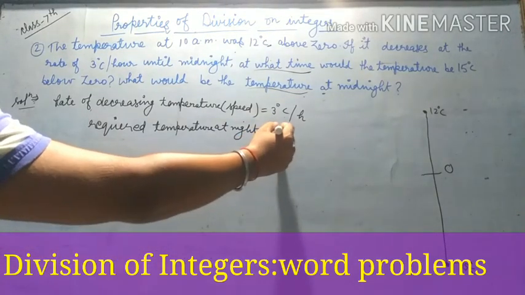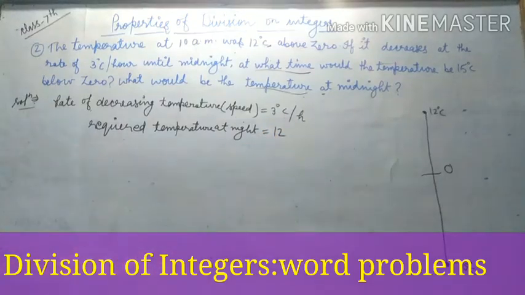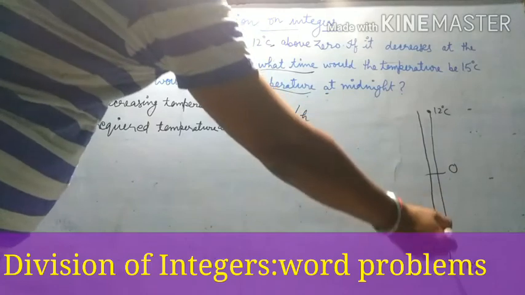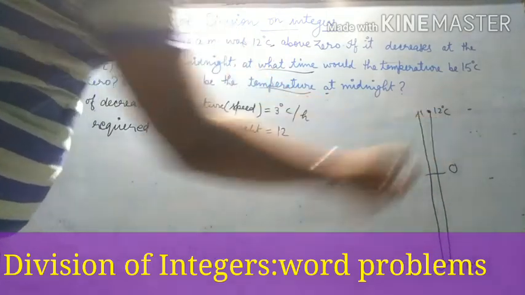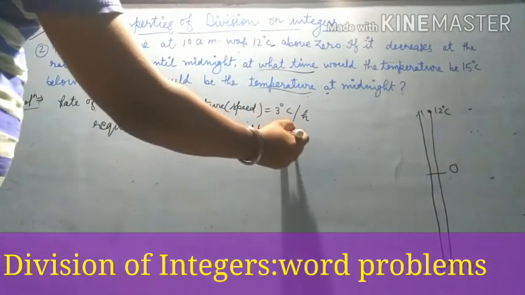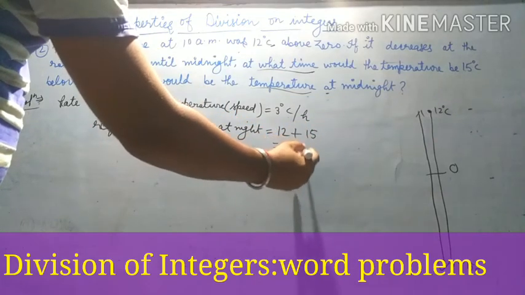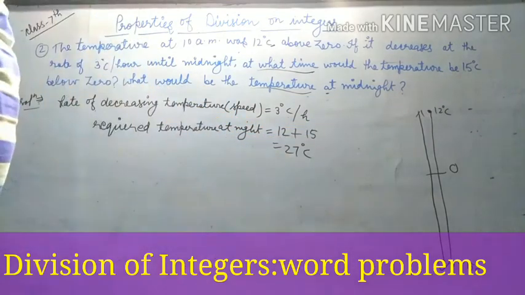So firstly from 12, and when it goes down, the whole change will add: 12 plus 15, 27 degrees centigrade.